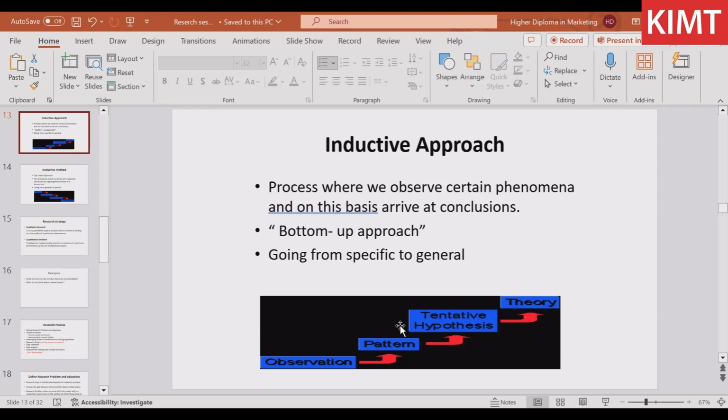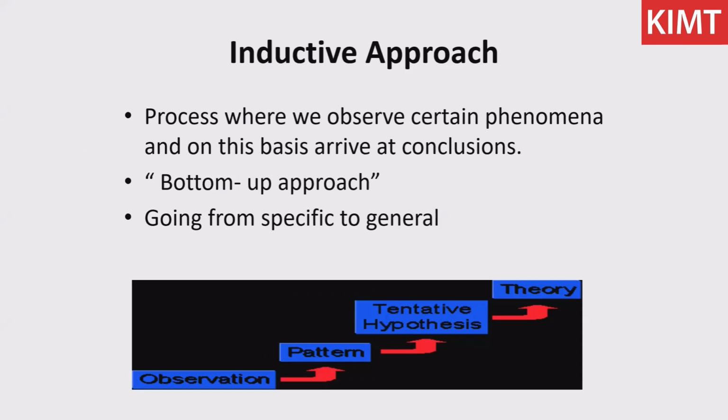Yes, correct, because we openly search. We start with observation. So we are talking about interpretation of many persons. So it's not limited. And in inductive research, we say you have to follow a qualitative research method.